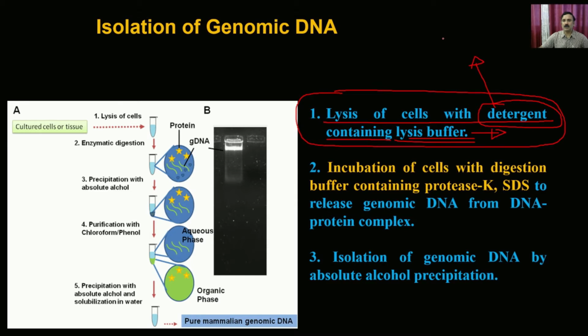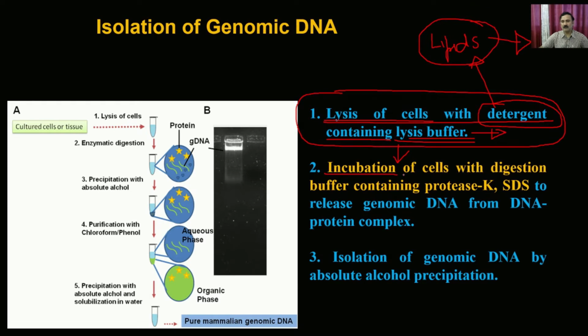So they dissolve the lipids which are responsible for making the plasma membrane. Once you dissolve the lipids, it removes the plasma membrane. Once the plasma membrane is removed, the cell is lysed, and you get the mixture of all the biomolecules like the DNA, protein, lipids, and carbohydrate.